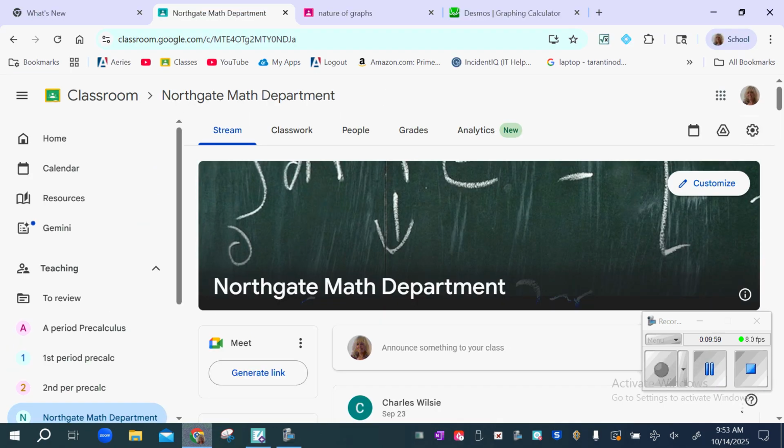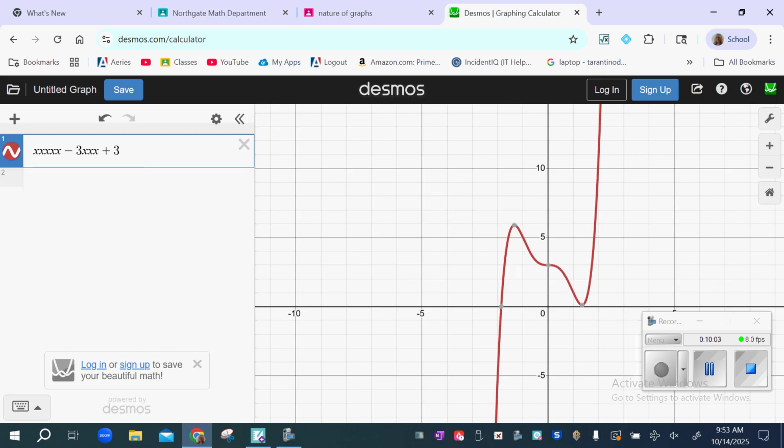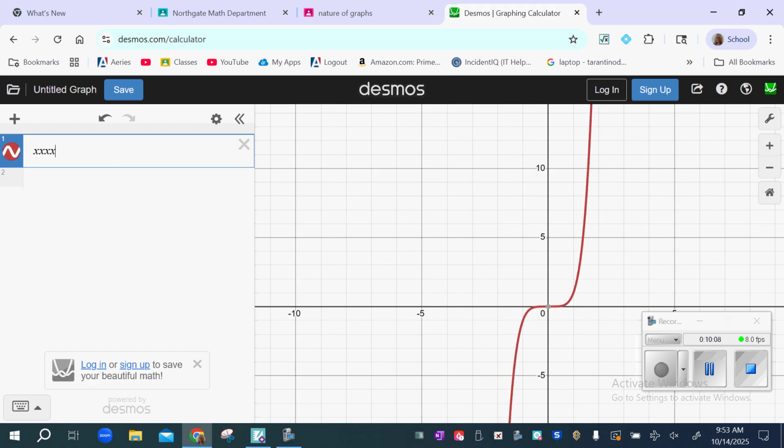If you would be so kind, go to Desmos. Everyone's got one, and again, I have like three more computers if you need them. Are we good?